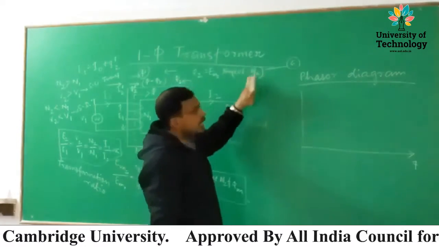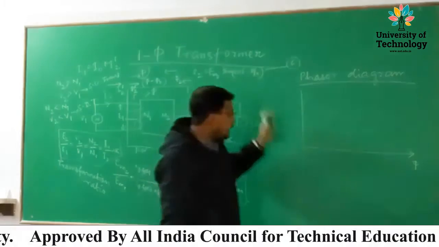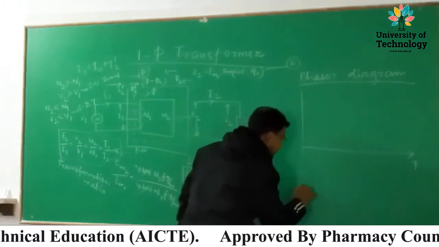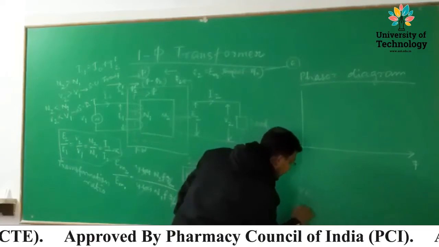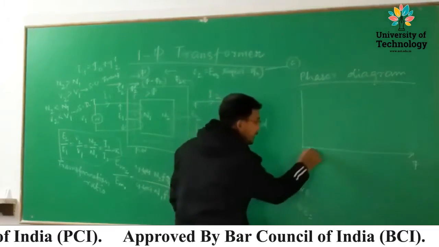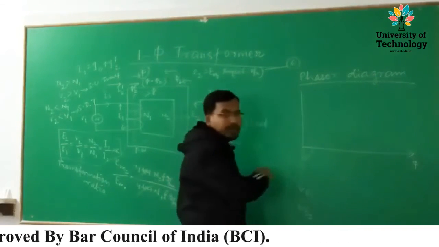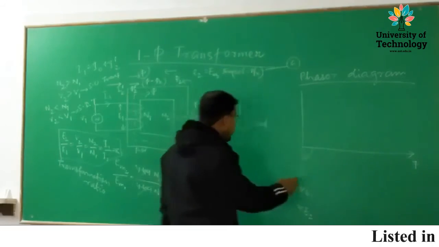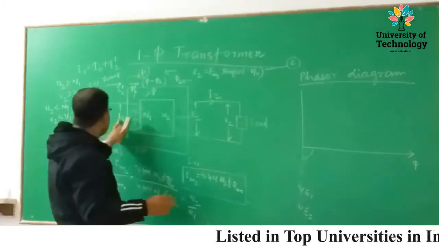Minus pi by 2 means the EMF which is induced is lagging the flux which is produced. So E1 and E2 both are represented in the negative y-axis with a lagging angle of pi by 2, or 90 degrees. Now what is V1?